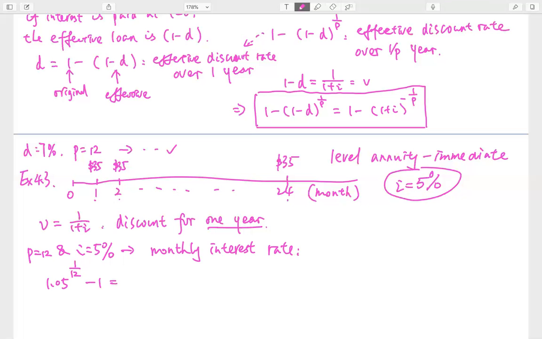This is about 0.4%. This is the monthly interest rate. And then we know how to do the discounting: it's 1 over 1 plus the monthly interest rate.